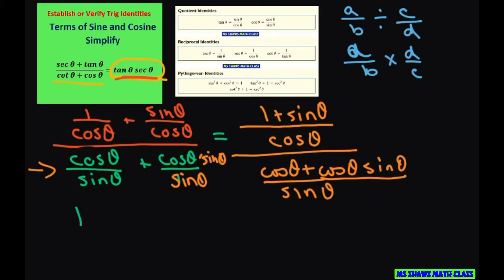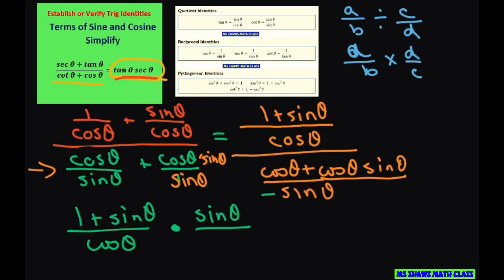We have 1 plus sine of theta divided by cosine of theta. And then we're going to times, and I'm going to flip this, so we have sine of theta divided by cosine theta plus cosine.